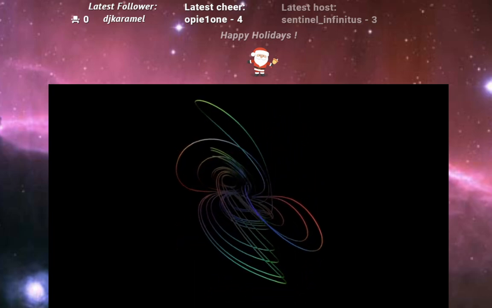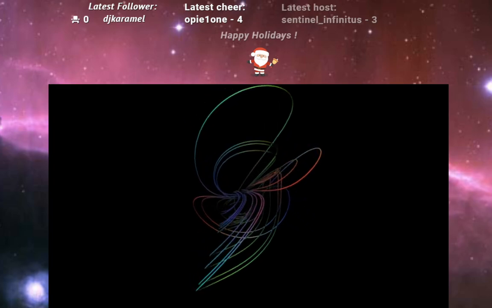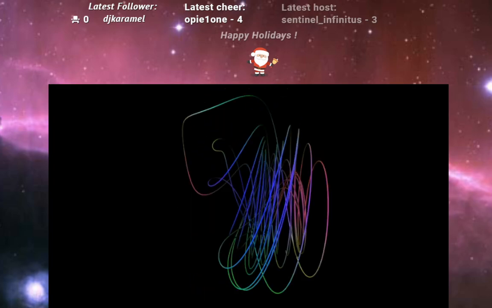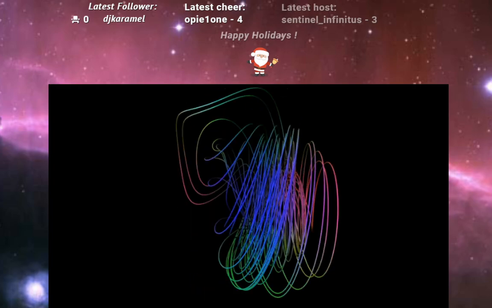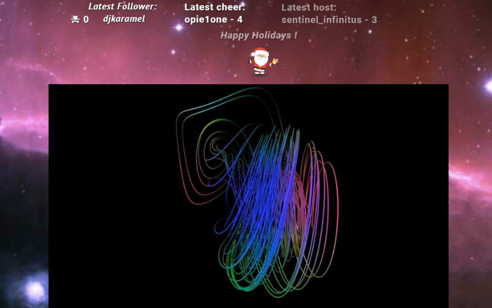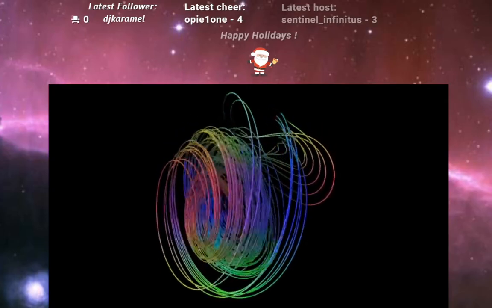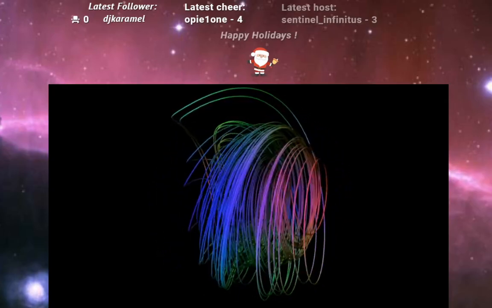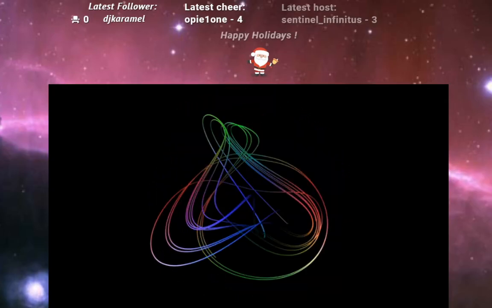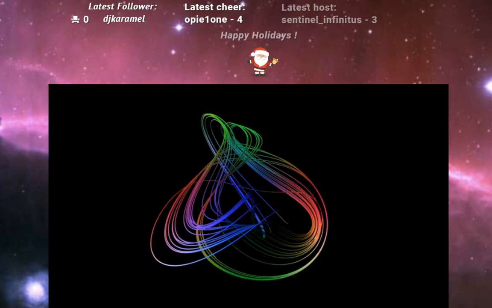The other part of the journey is trying to figure out this dimension, and maybe the Lyapunov exponent has something to do with it. I don't know. I have to look into it some more. These are strange attractors.